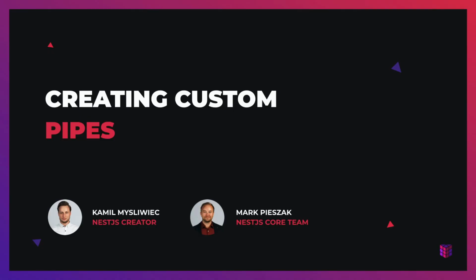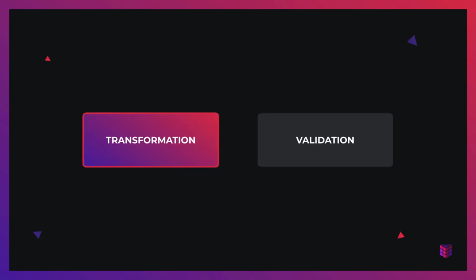Pipes have two typical use cases: transformation, where we transform input data to the desired output, and validation, where we evaluate input data and, if valid, simply pass it through unchanged. If the data is not valid, we want to throw an exception.